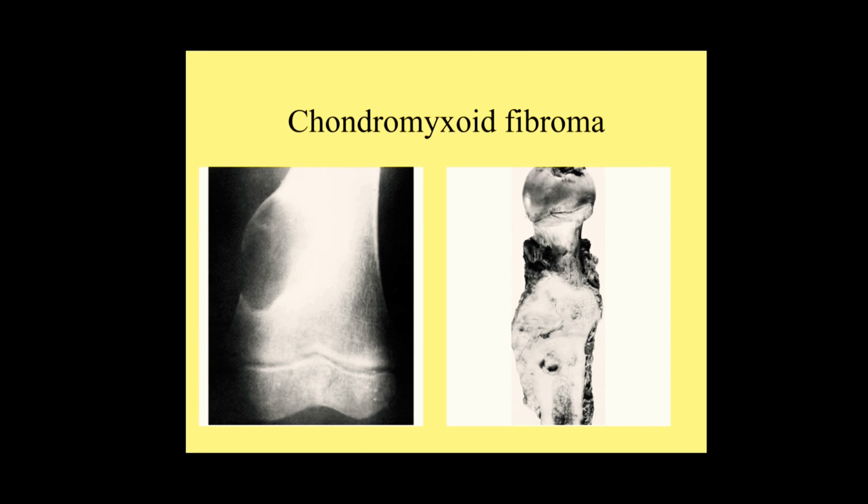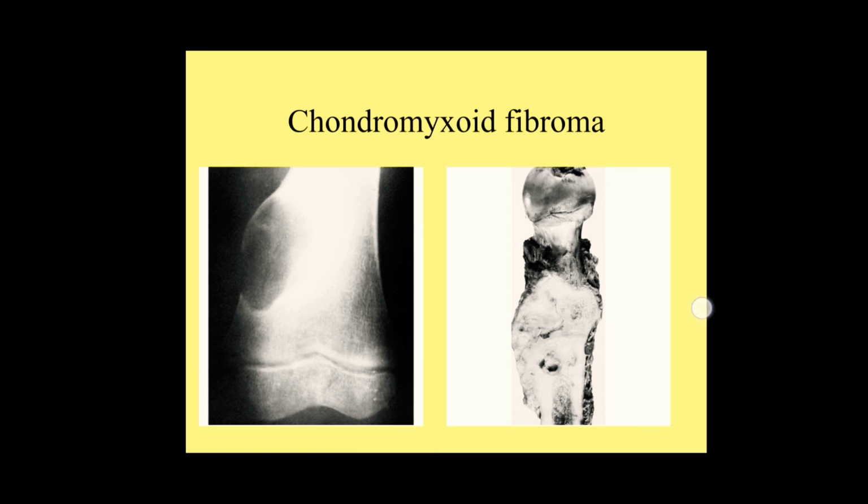Then chondromyxoid fibroma. Chondromyxoid fibroma is nothing but a combination of cartilaginous and fibrous tissue. It again arises from the metaphysis of the long bones, and it will have a cartilaginous component and a fibrous component on microscopy.